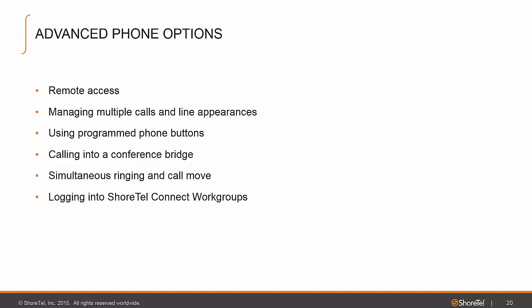Your administrator should alert you if you have been given any of these permissions. By the way, you've probably noticed I reference your Shoretel admin fairly often. The takeaway here is that your Shoretel Connect phone system administrator can do just about anything for you except answer your calls.